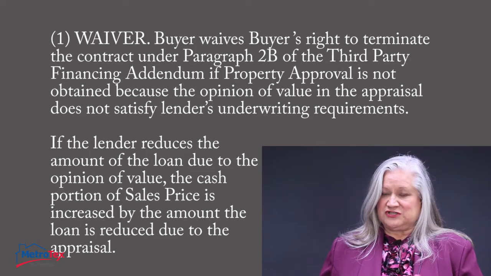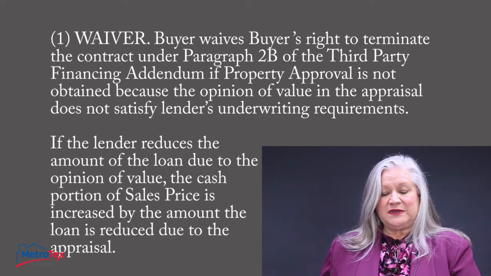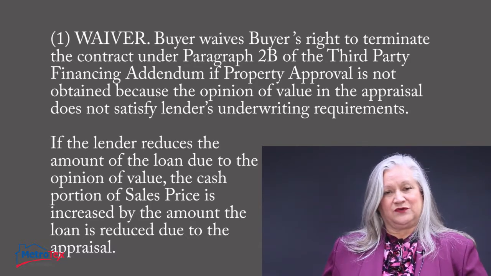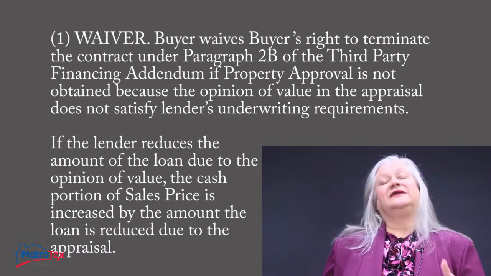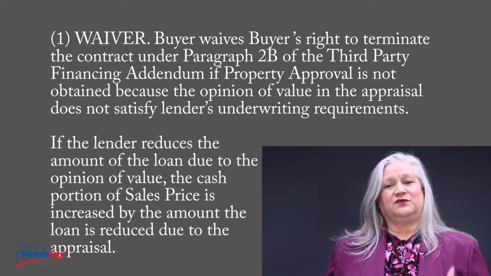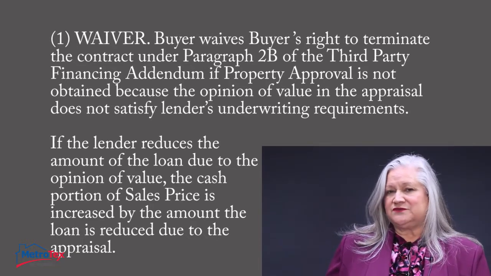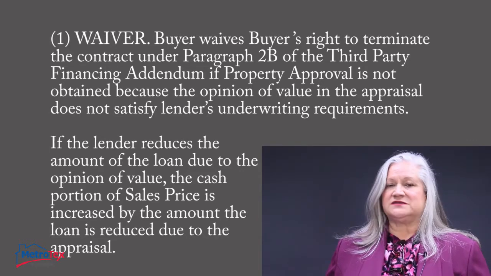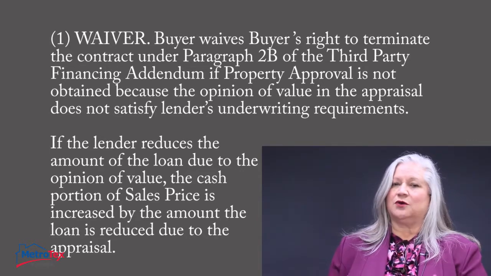So this is not for FHA or VA. But it gives 3 options for the buyer. The first option is a waiver. It says the buyer feels comfortable about the offer that they've made. And so regardless of what the house appraises for, they are going to pay what they offered. So if the appraisal comes in low, that's okay, they're all in.